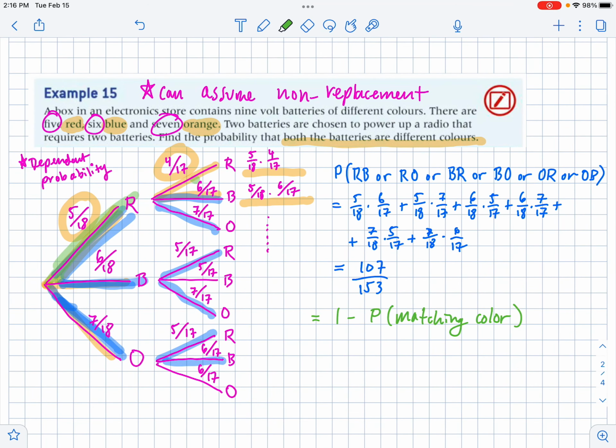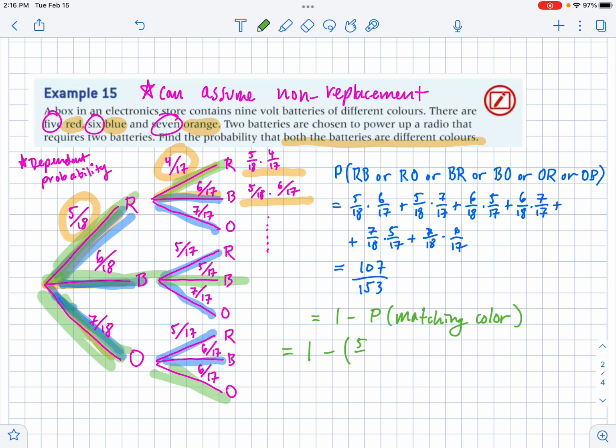So the probabilities where they match, that would be red, red, blue, blue, and orange, orange. So that is 1 take away the probability that they match.